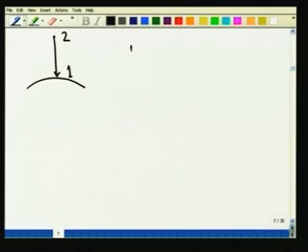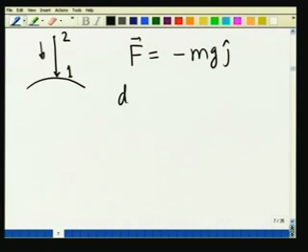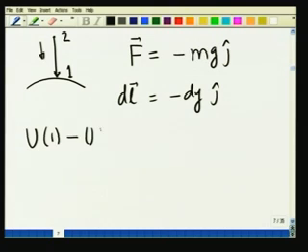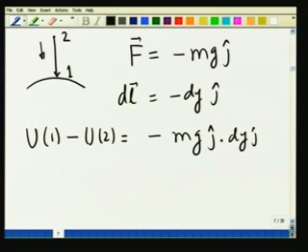In that case, again, force F is equal to minus mg j, and you are going to now say, since the body is moving this way, dl is going to be minus dy j, and therefore, u1 minus u2 is equal to integral of minus F dot dl, and that is going to be minus mg j dot dy j integral, and I end up getting minus mg.